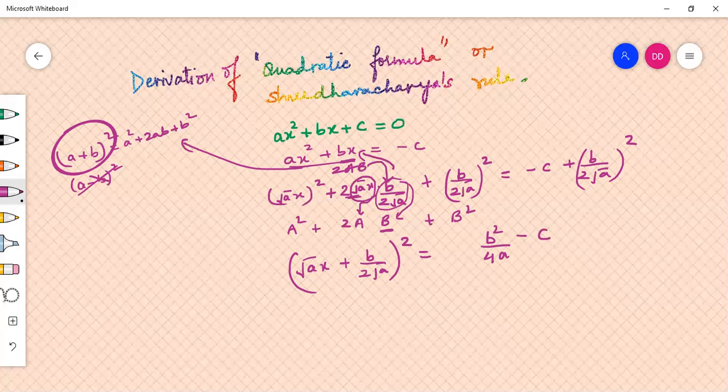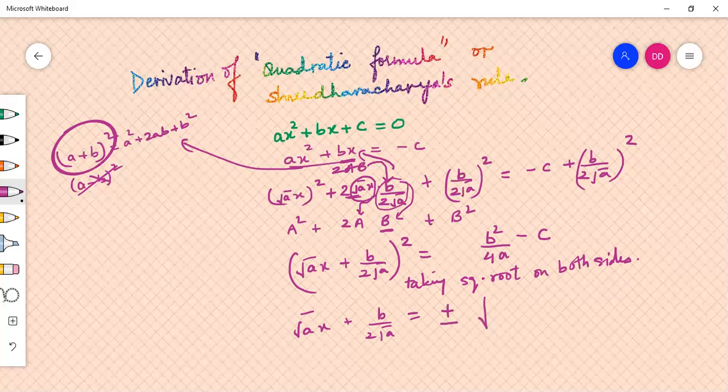Taking the square root on both sides, the square and the root go off, so we are left with √a x + b over 2√a equals, taking the root of a positive number, plus minus root of b², and let's take the LCM, 4ac, whole over 4a.